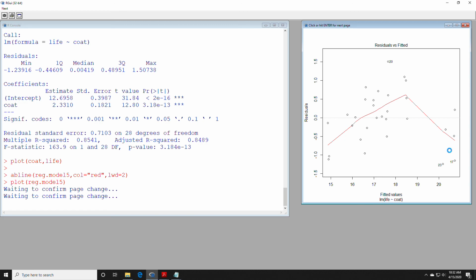As I've said before, the most common thing that's going to indicate is that the regression function is misspecified. And if there's a curve like this, it's usually going to mean that there's a quadratic component needed in the model. Or sometimes some other transformation is needed, but that is the most common thing.